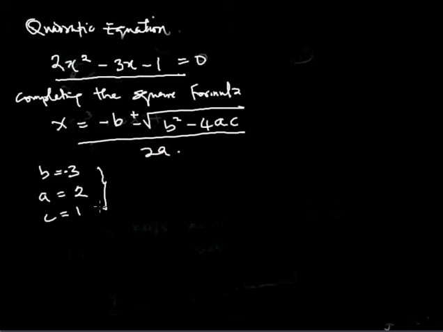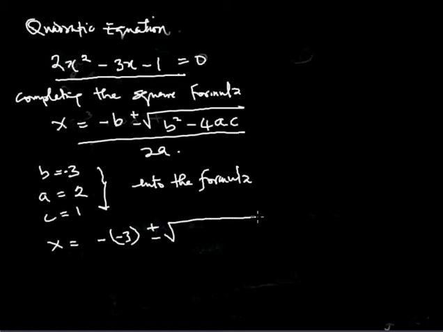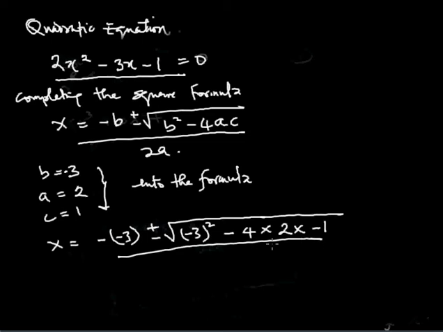Now, if we substitute these values into the formula, we have x is equal to minus of minus 3 plus or minus square root of minus 3 squared minus 4 times 2 times minus 1, divided by 2 times 2.